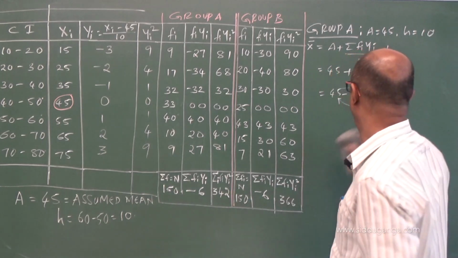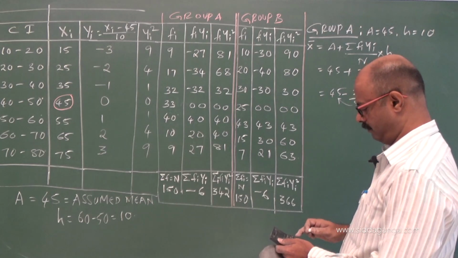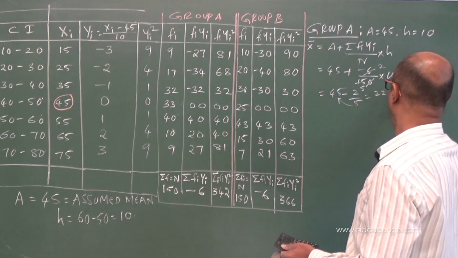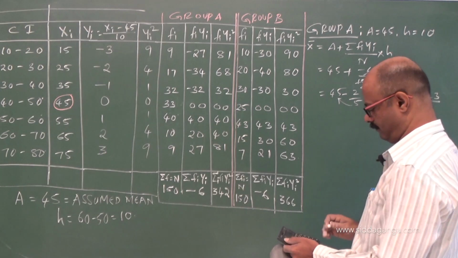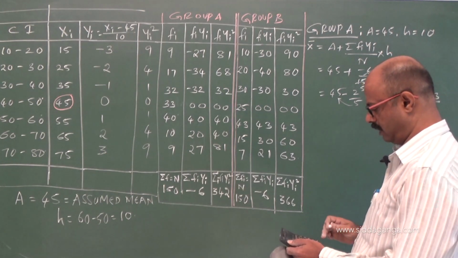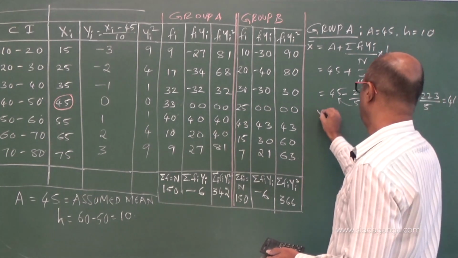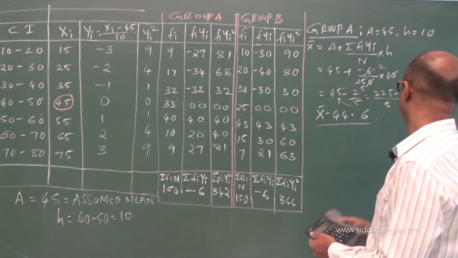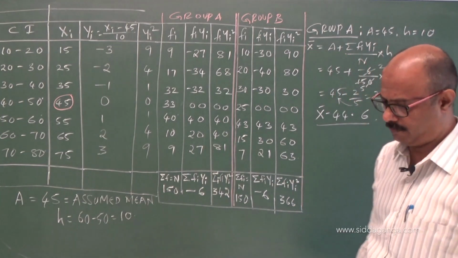LCM is 45 into 5. 45 into 5, you will get 225 minus 2 divided by 5. You will get 223 divided by 5, which is equal to 44.6. X bar is 44.6 for group A.